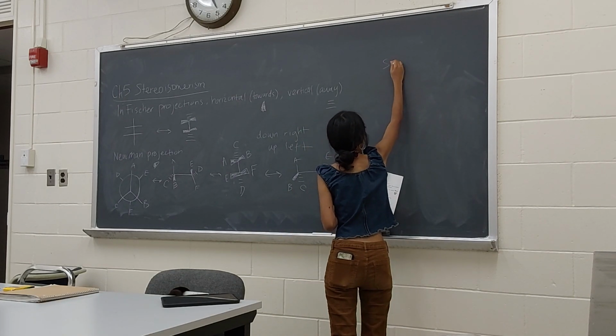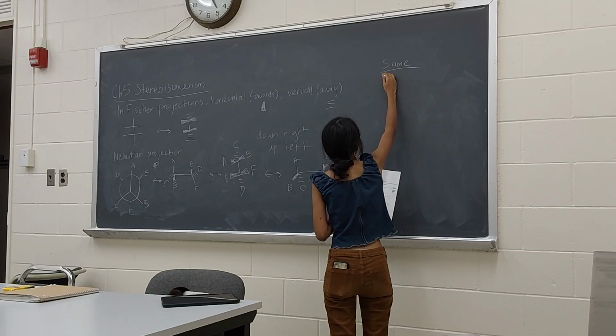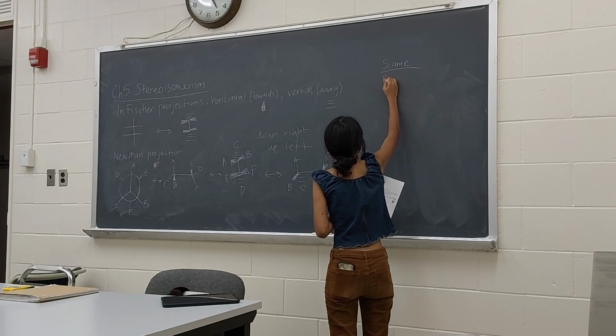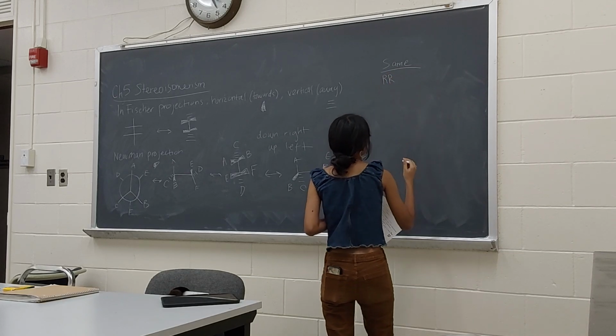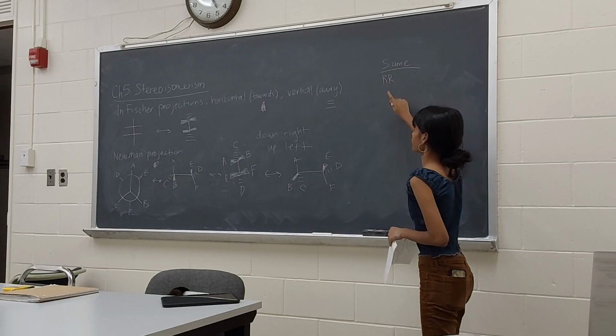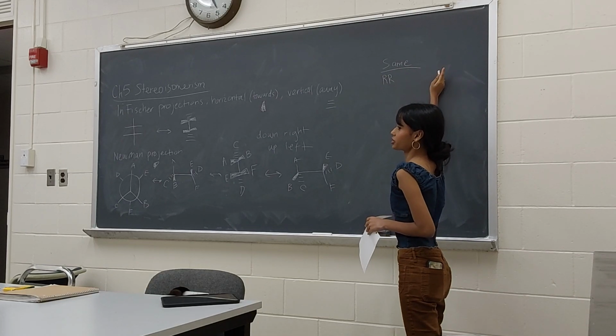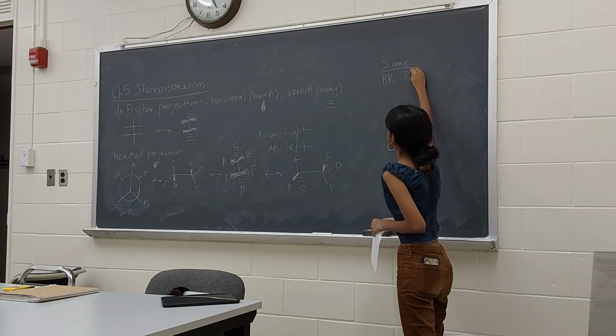Once we get assignments of R and S, we know that it's the same if, let's say, each compound has two chiral centers. For the first one it's RR, and the other one is RR, right?